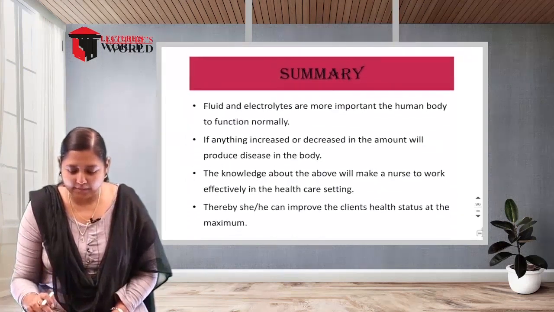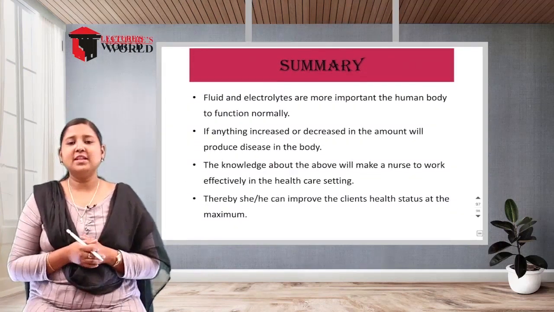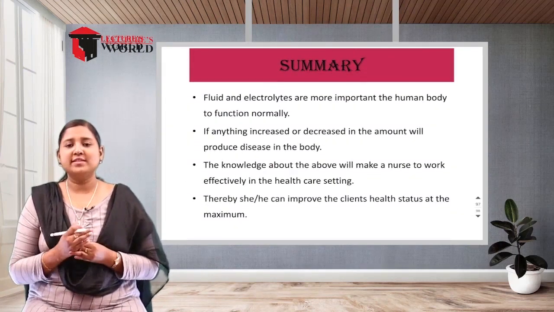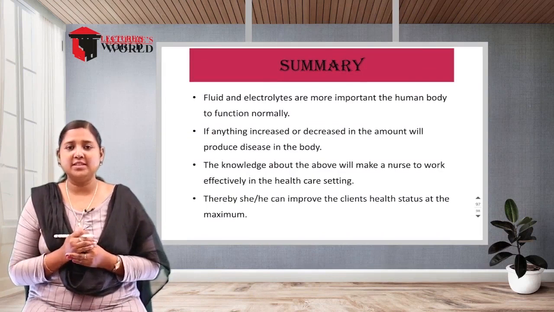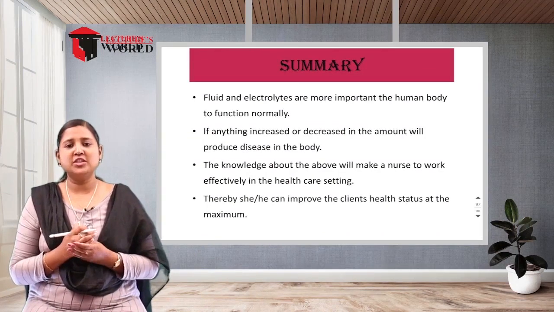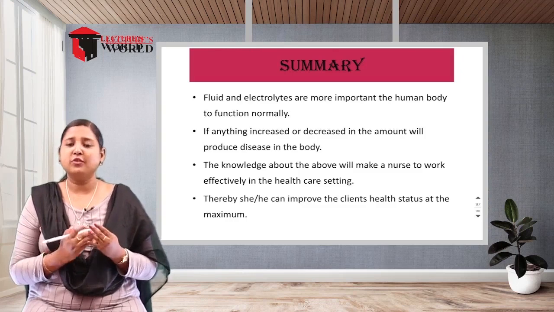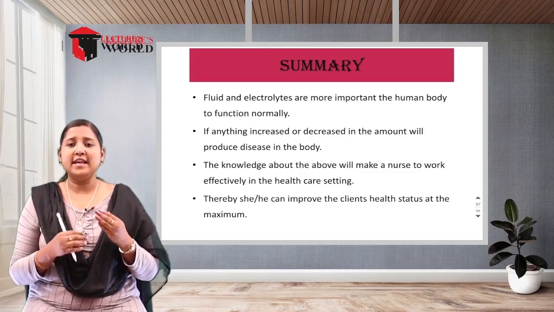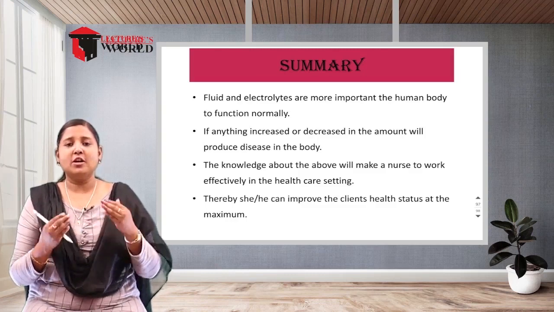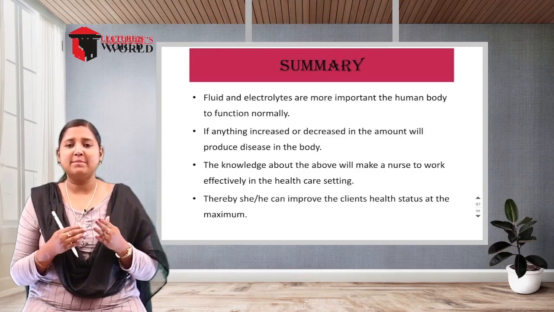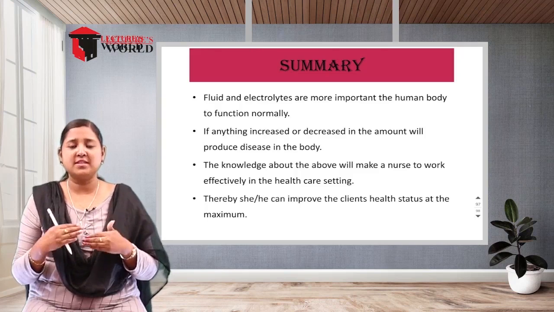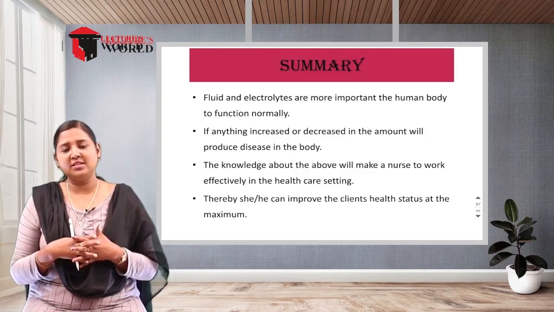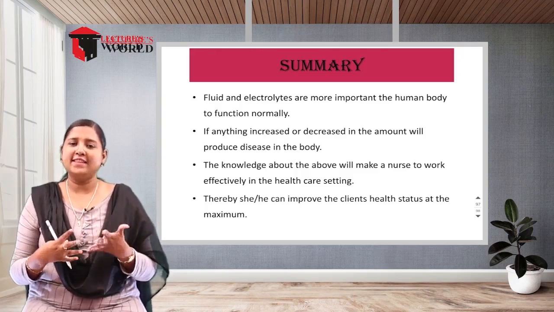Now coming to the summary. From the beginning we have been learning what fluid is, what electrolytes are, what acid-base balance is, and what body physiology balances this fluid, electrolyte and acid-base balance. Then I taught you what happens if imbalances occur, or when homeostasis goes wrong, in the body with the fluid, electrolyte and acid-base balance.